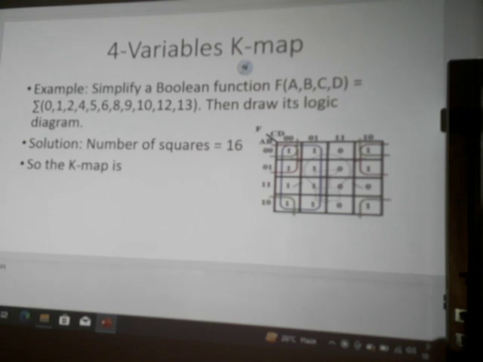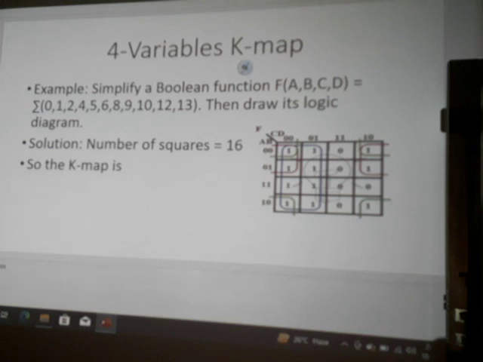By writing the term, we will see that along the vertical direction, if we move from first square to the second square, then the variable B changes, so the B is neglected. Similarly, in this column, if we move from second square to the third square, then we can see that the variable A changes, but the B variable remains the same.